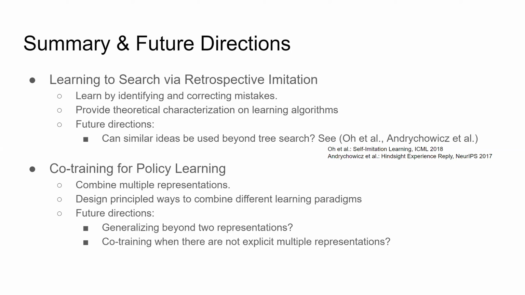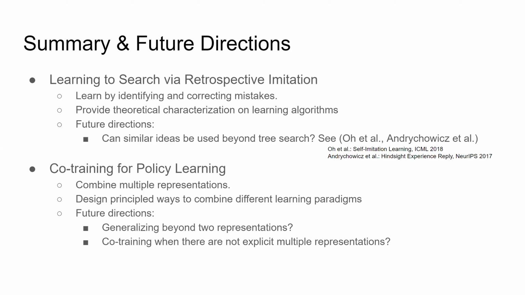Having two representations is nice, but it's not absolutely necessary. We can think of applying different learning procedures. Even if I only have one feature representation, I can do reinforcement learning versus imitation learning. They will result in different policies. So once I have two different policies, then we can commence what we do in this co-training procedure.